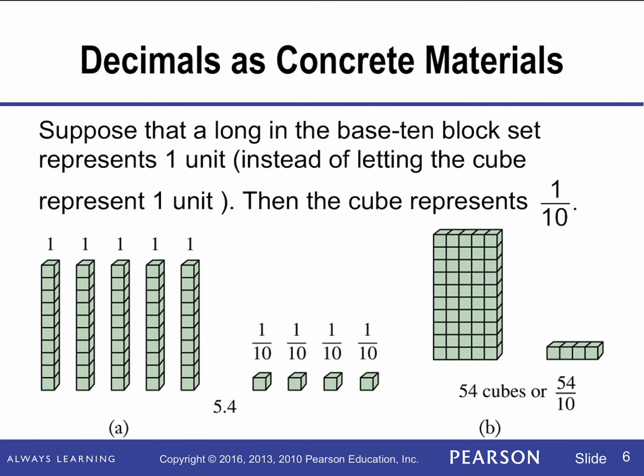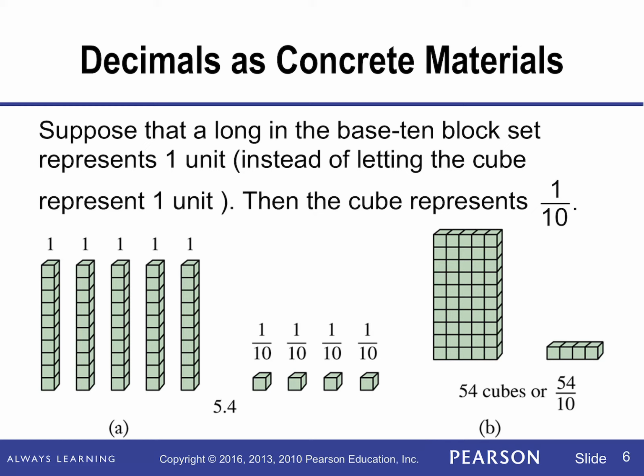All right, you can pull out your blocks to help illustrate decimals to your students. So now instead of treating the long as a 10, we're going to treat it as a unit. So the long is our 1. And then if I break it down into its pieces, those smaller blocks that built up that 1 count as my 1/10.